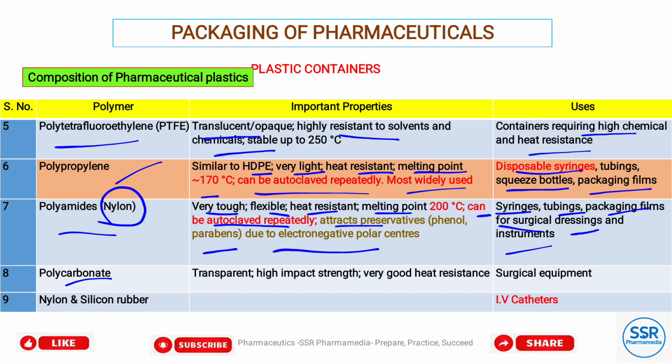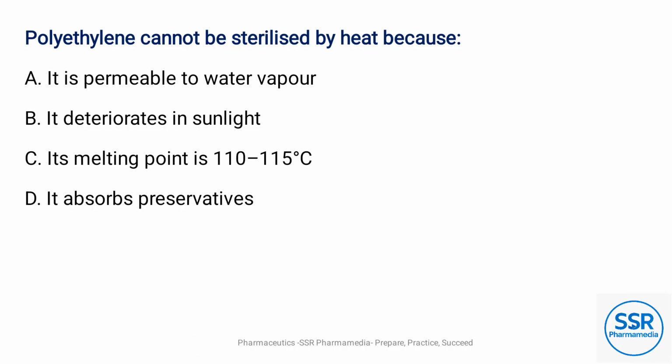Polycarbonate is important. Its properties are transparent, high impact strength, and very good heat resistance, and it is used for surgical equipment. Nylon and silicone rubbers are mainly used for IV catheter preparation. Let's move into the MCQs.